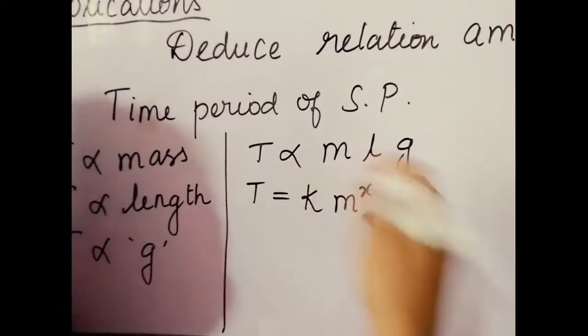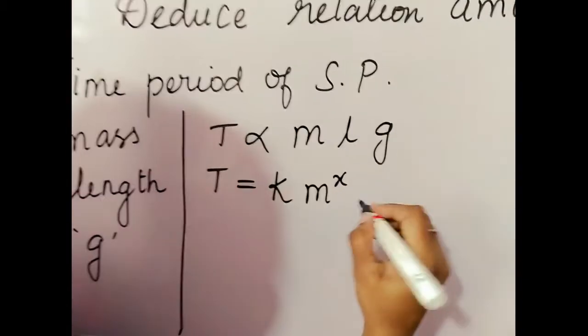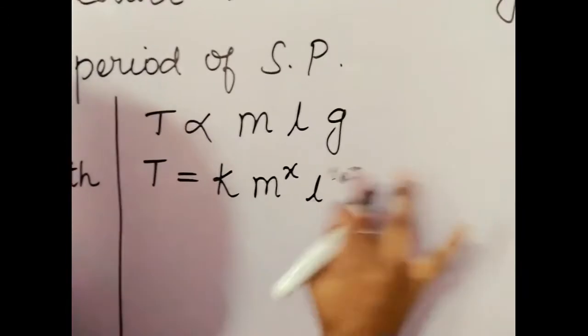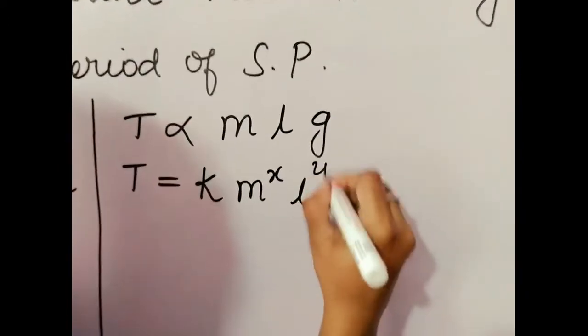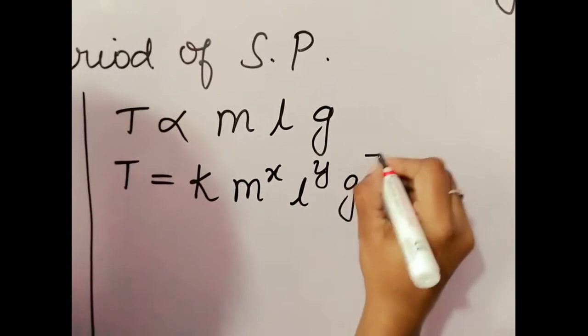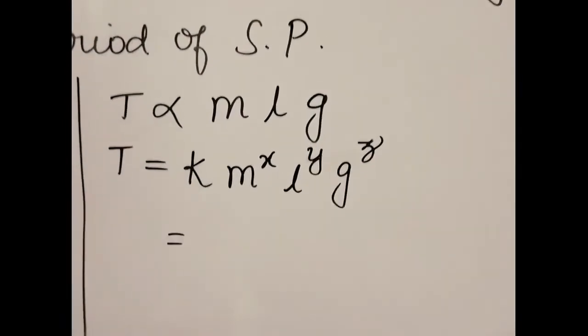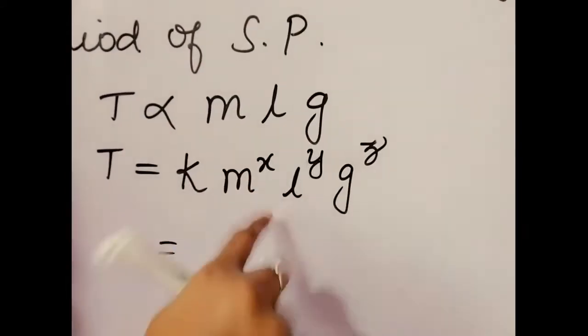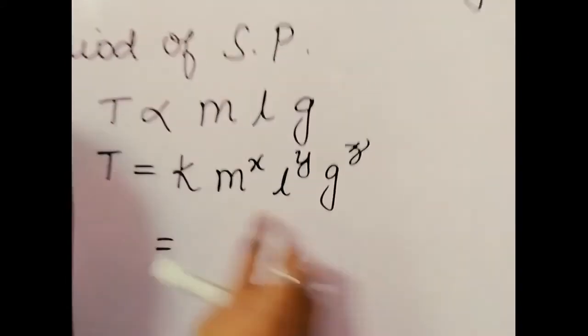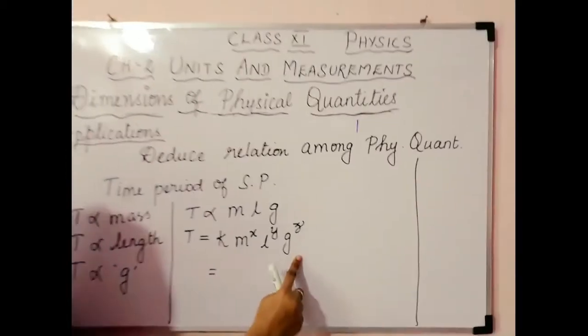So before that we will name the powers as x, y and z: m power x, l power y, g power z. Okay, so we'll find the dimensional formula for mass, length and acceleration due to gravity.